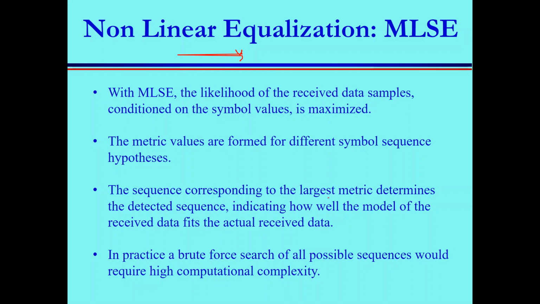The largest metric determines the detected sequence, indicating how well the model of the received data fits the actual received data. So it's kind of trial and error. You try all the possible cases, and the one that gives you the optimal result, you take it and say this was the transmitted symbol. In practice, a brute force search of all possible sequences would require high computational complexity. Obviously, it's not direct estimation.